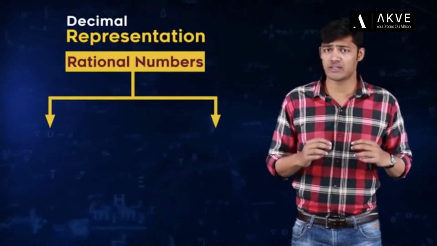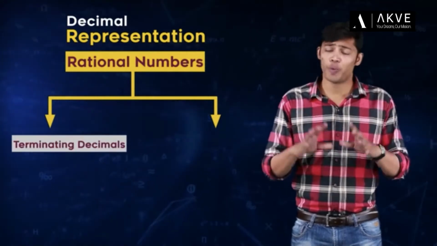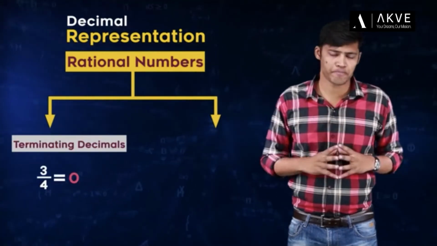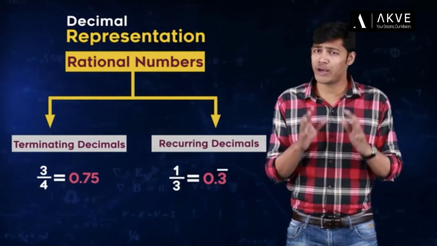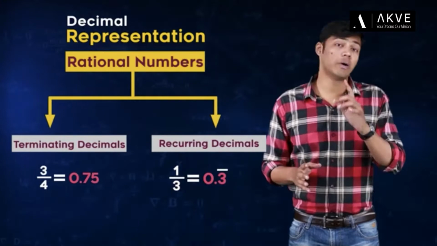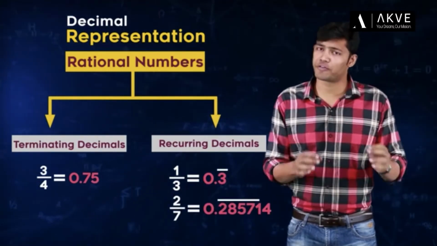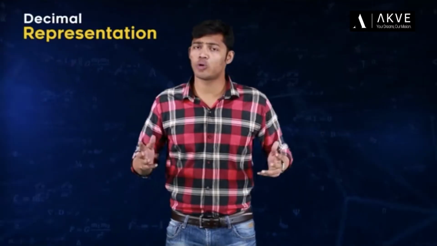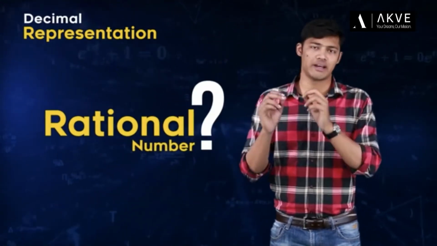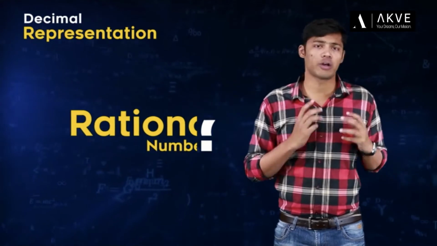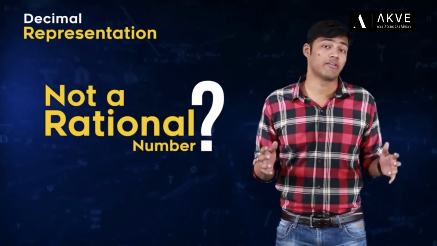The first one is the terminating decimals, where the digits actually end. And the second is recurring decimals, where the digits will not end but will repeat themselves after a regular interval. So, given any decimal representation, we can find whether it is a rational number or it is not a rational number.